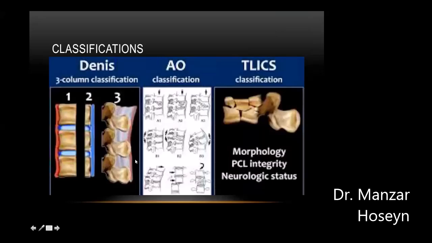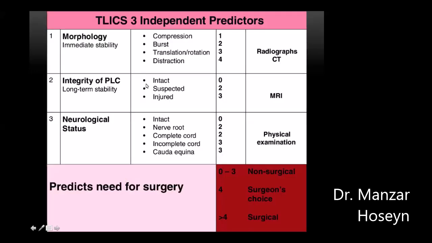This is the posterior ligament complex, all these ligaments here. Is it intact or is it injured? And third is the neurological status. Because we as neurosurgeons, when we operate on the spine, the most important factor for us is the neurological status. The better the neurological status of a patient before surgery, the more likelihood that the patient will be in a better position post-operatively.